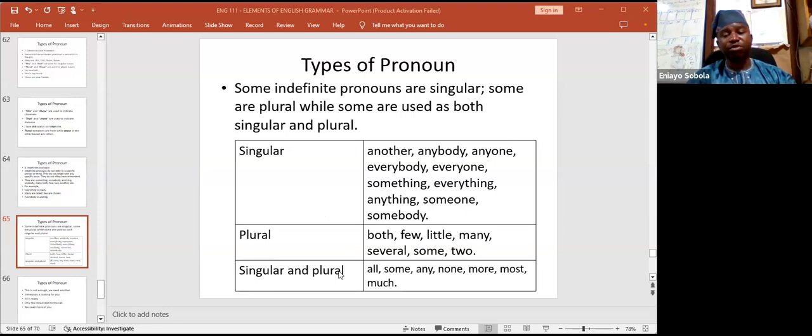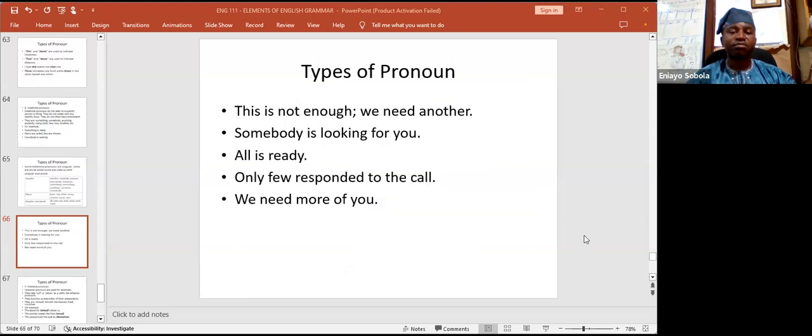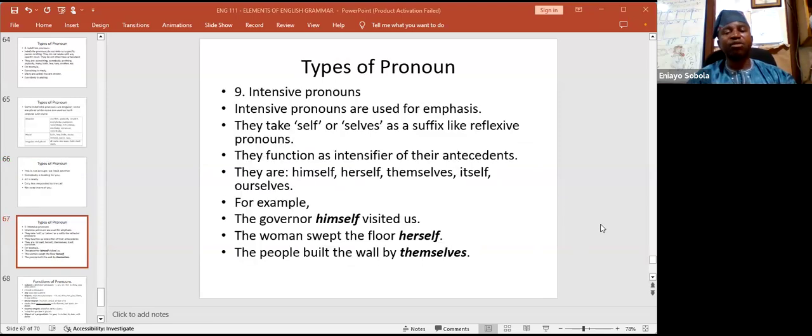And those that can be used in either singular or plural sense: all, some, any, none, most, and the rest. So just to give an example: This is not enough. We need another. Somebody is looking for you. All is ready.